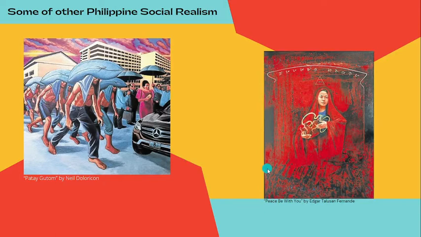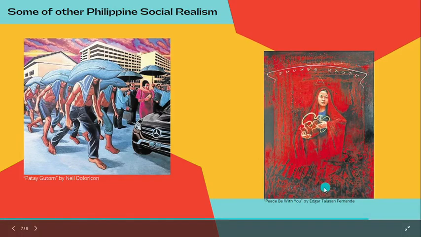Okay, here is Peace BBQ by Edgar Talusan Fernandez. So you can see here a woman, or a nun, holding something, while in the bottom part of the art the soldiers and the people are fighting.